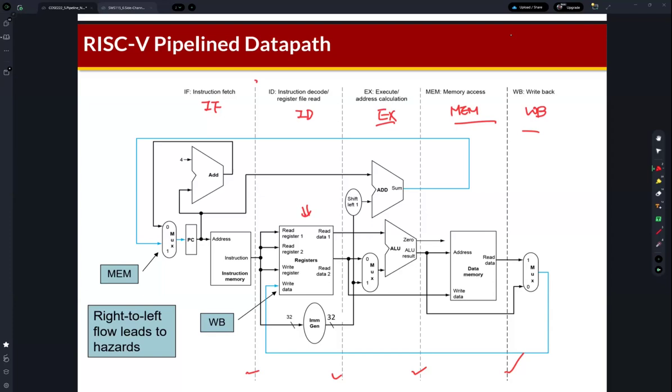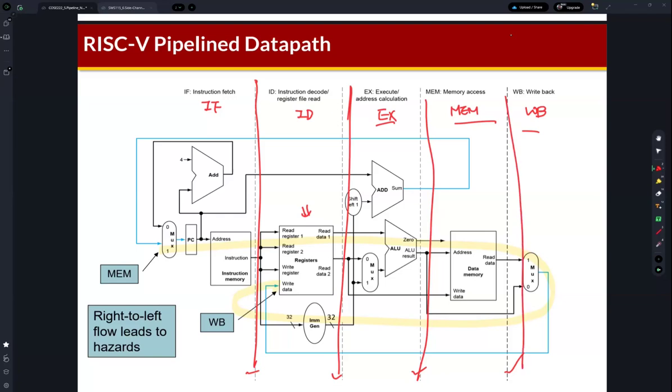I mentioned that in a single cycle processor design, the critical path is like this one, the load instruction. But we can cut this critical path like this, and then we can increase the clock frequency. Then how can we cut the critical path?